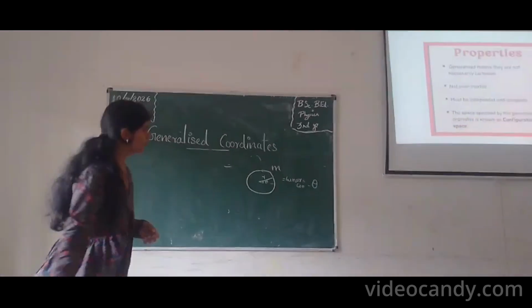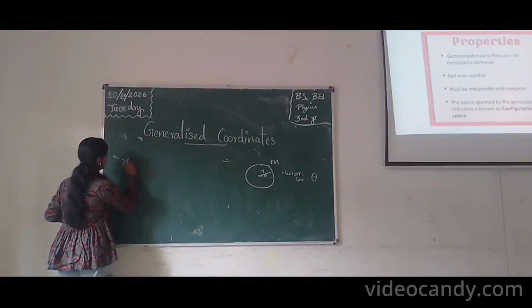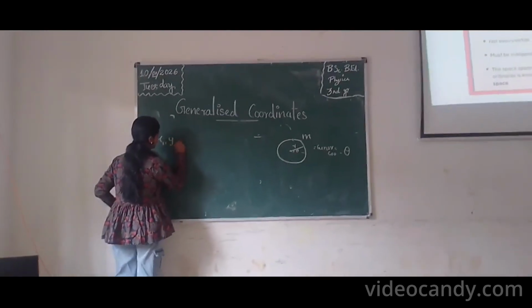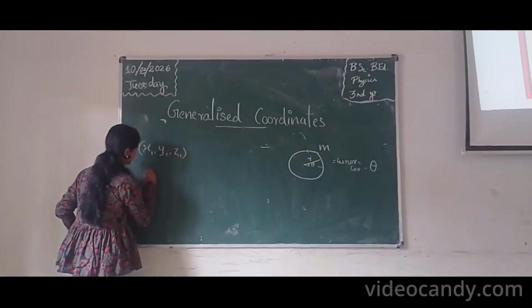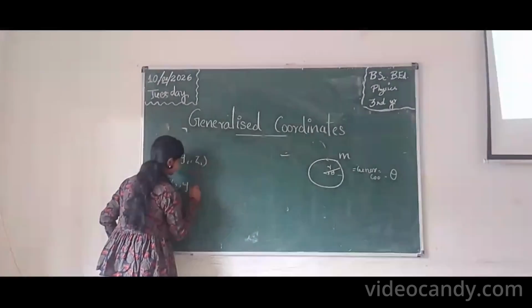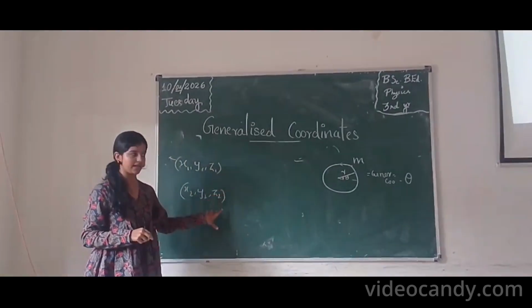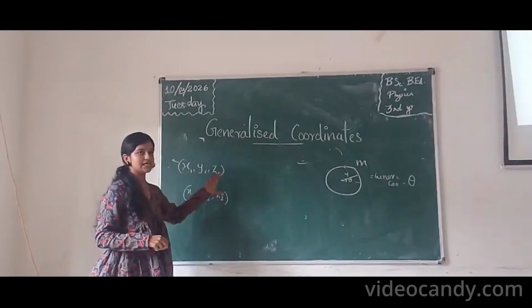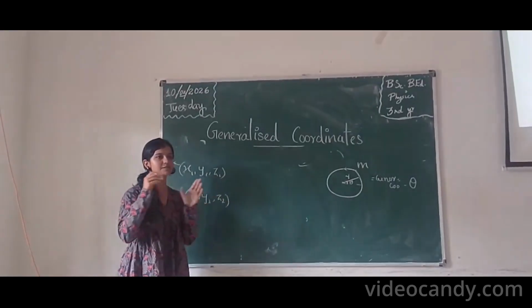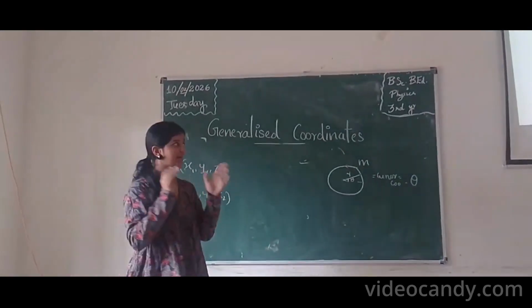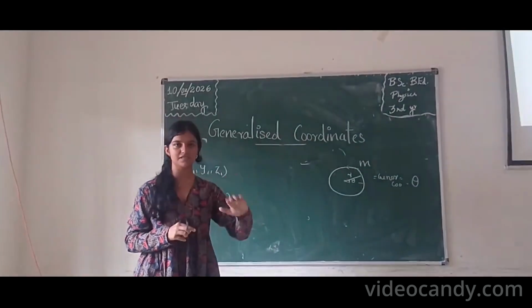Suppose we are taking two particles in space, with coordinates x1, y1, z1 and x2, y2, z2. Previously I told you that there are 6 generalized coordinates, and these generalized coordinates have to be arranged in a space. That space is known as configuration space.